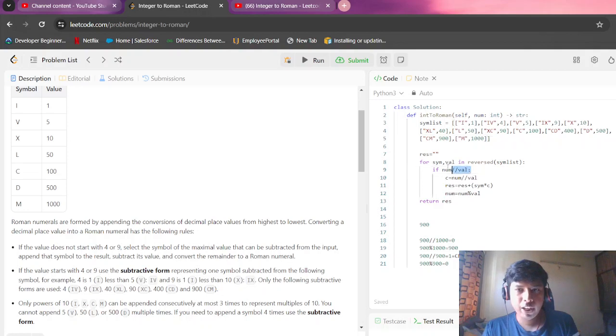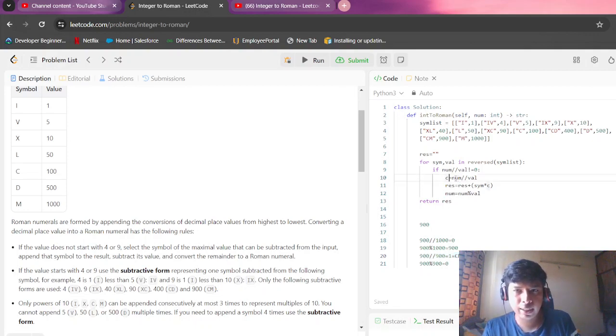So if num modulo val is not equal to 0, meaning there is a certain value which comes up by the integer division of num by val, suppose this is the num. If num modulo val would have been 0, we would have done nothing and just gone to the next symbol. Now if this condition is not equal to 0, we are going to divide num by val and we will get the count, c, which is 1.